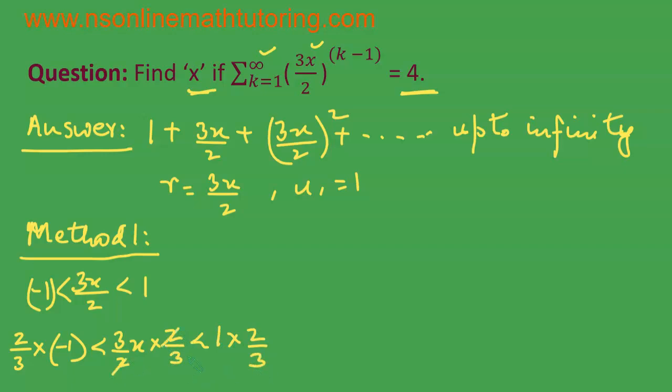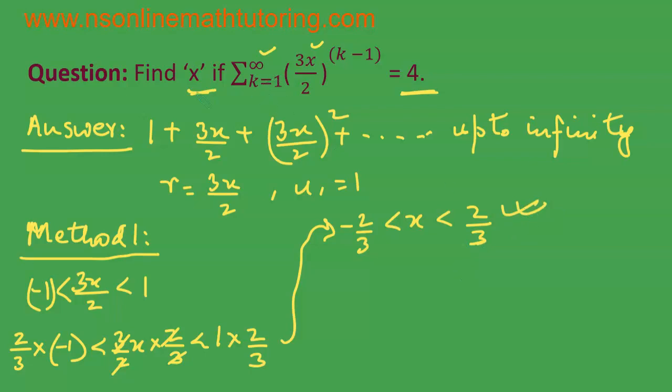And these two will be getting cancelled, and we will be having negative 2 over 3 is less than x is less than positive 2 over 3. This is indeed true.